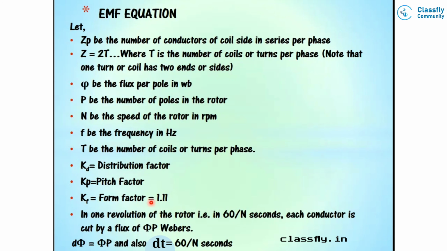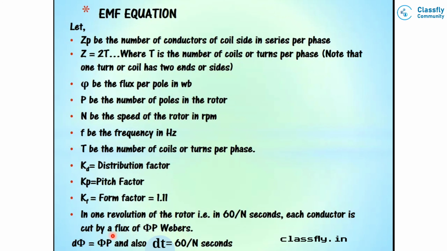First of all, we need to find the flux for one conductor. When the conductor cuts the flux, it is the number of poles into flux, phi P, and its unit is Weber. To complete one revolution in seconds, it takes 60 by N. So dphi is equal to phi P and dt is equal to 60 by N seconds.